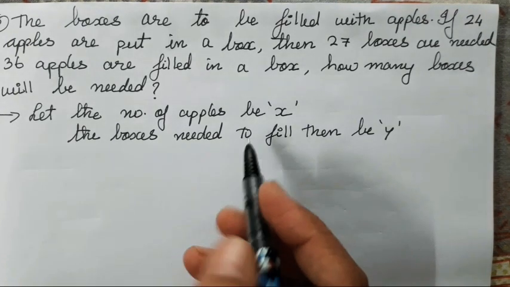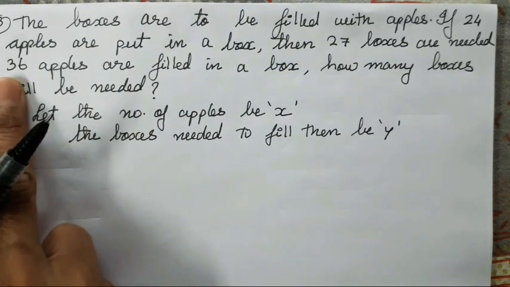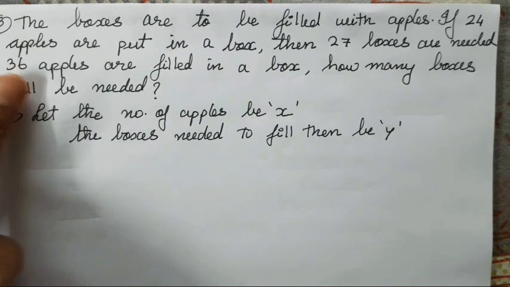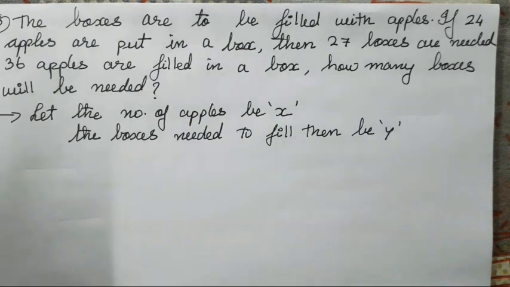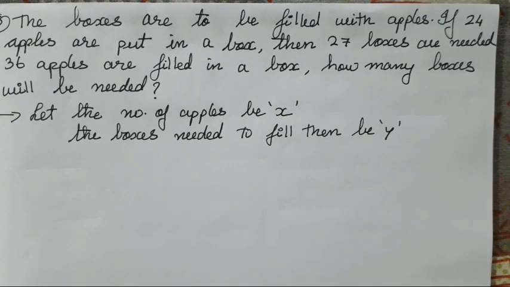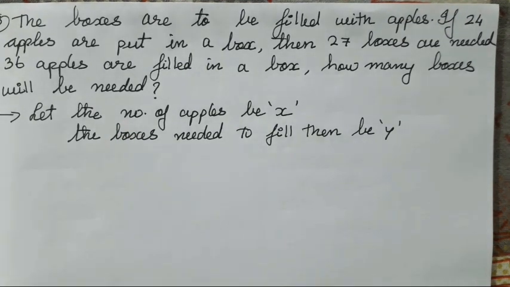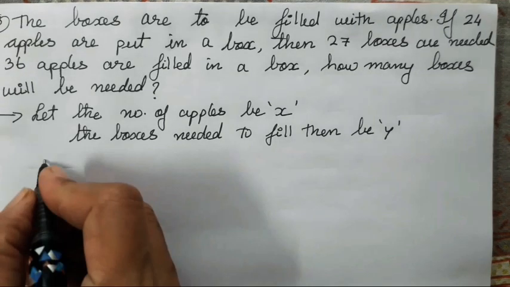So I have already written it, and more the number of apples. See, it was 24, now it is 36. Okay, so we have to find: the more the number of apples in a box, the less is the number of boxes required, isn't it? The more apples fit in one box, the fewer boxes we will need. That is what is to be stated over here. And from there we can say that it is an inverse proportion. That means if one quantity increases then the other decreases, and then only you all have to solve it as an inverse proportion.